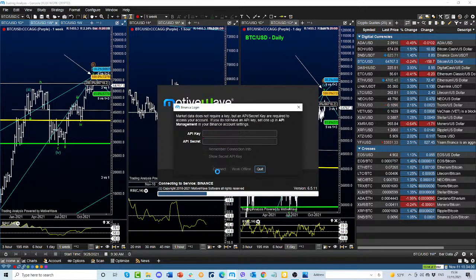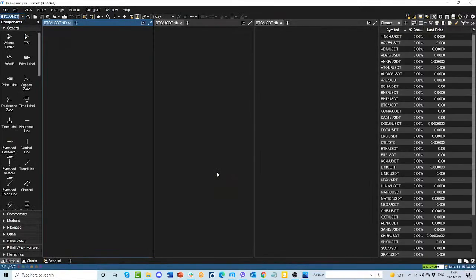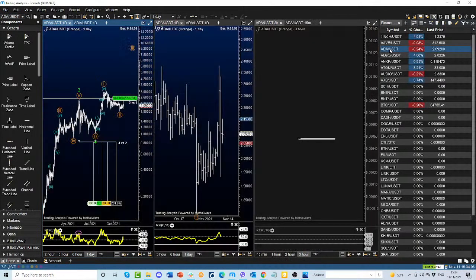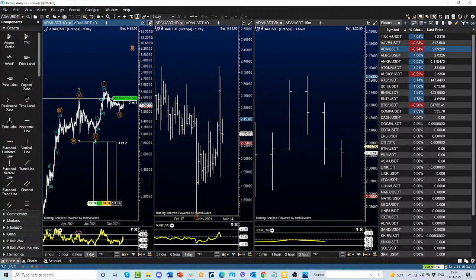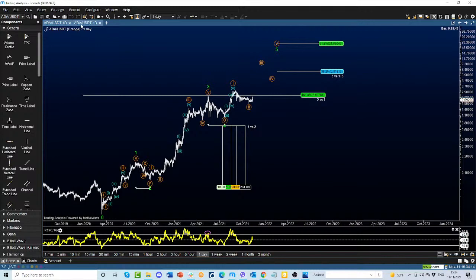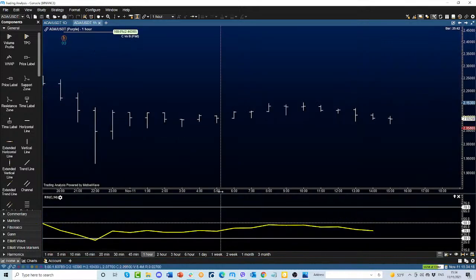I'm going to show you a couple of altcoins which we looked at and paired with our last analysis in the space of the altcoins. So we looked at ADA for the move lower, and we got a pretty sizable move lower on ADA.